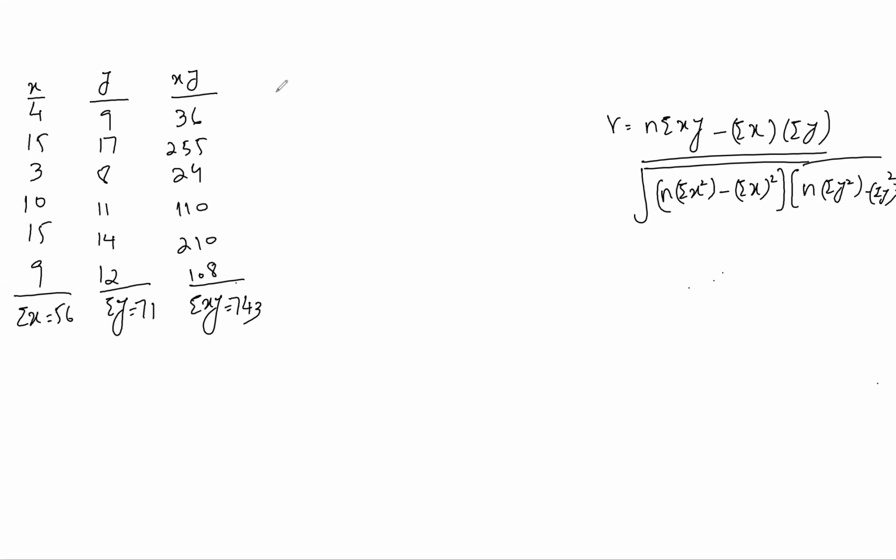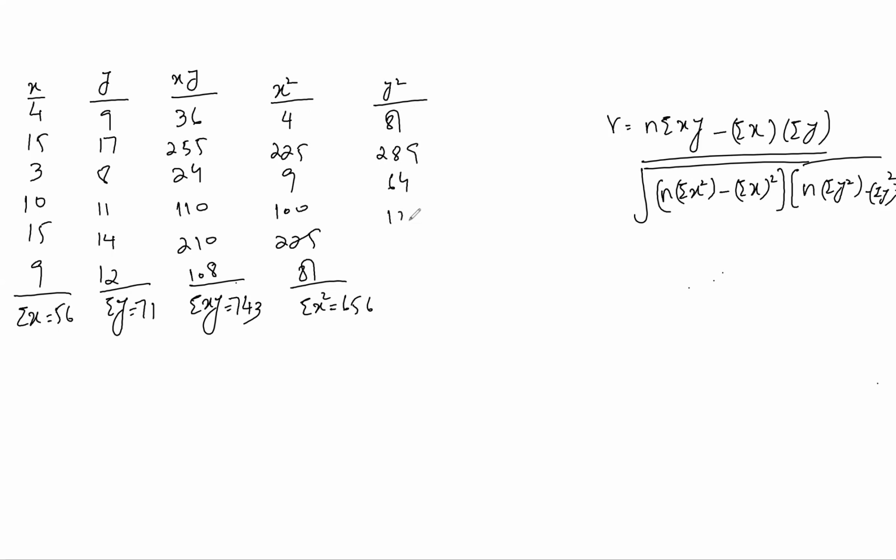And I need x square, which is 4, 225, 9, 100, 225, 81. So sum of x square is 656, and I need sum of y square as well, which was not in the previous example.